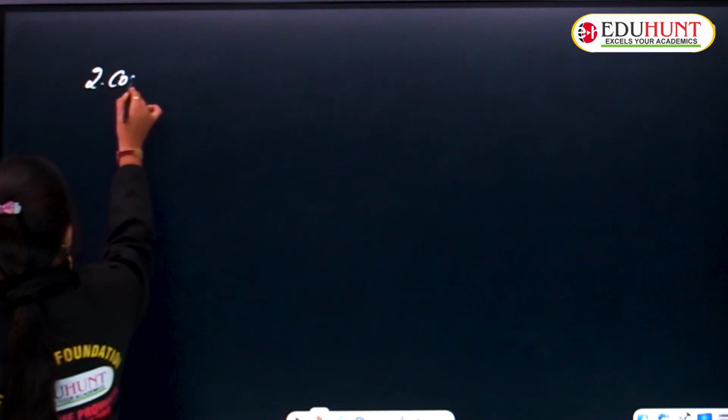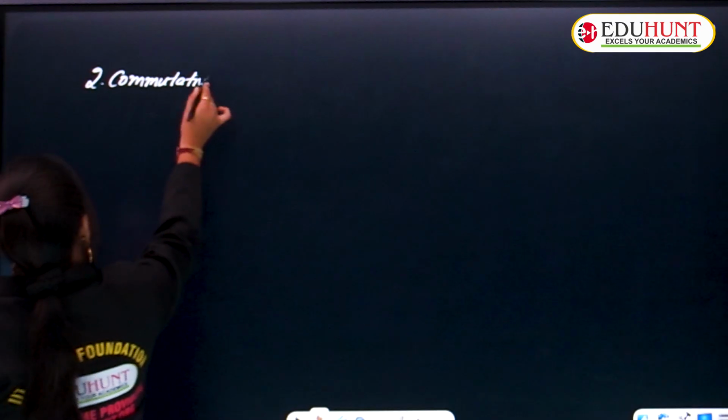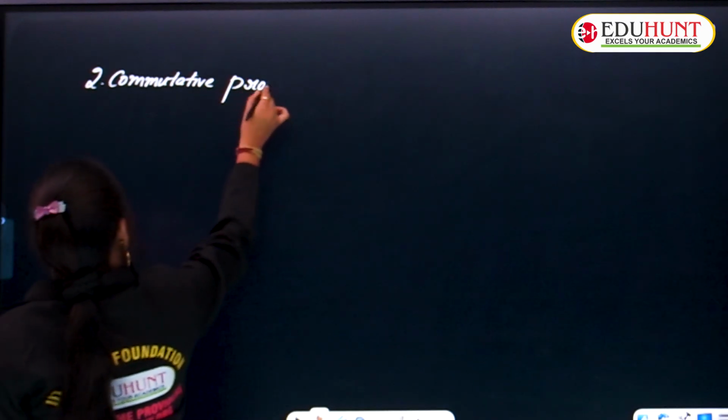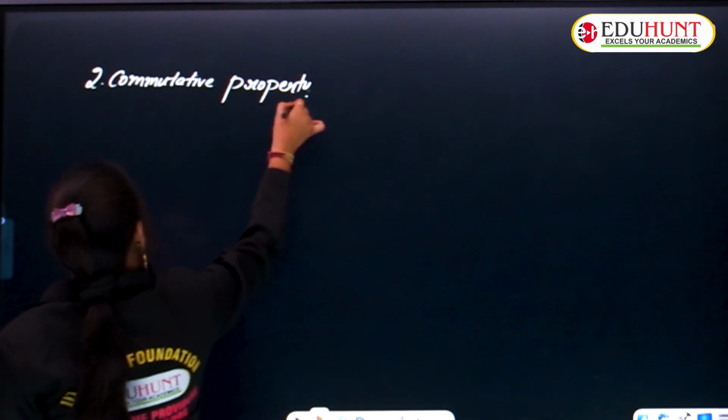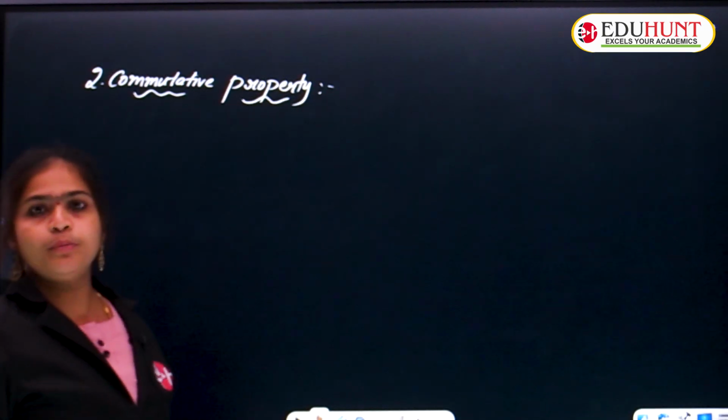Now here, commutative property. The second one is the commutative property. What is the condition for the commutative property here?